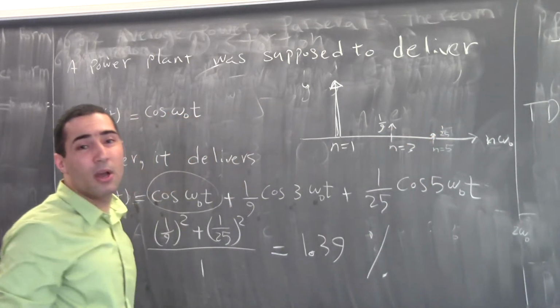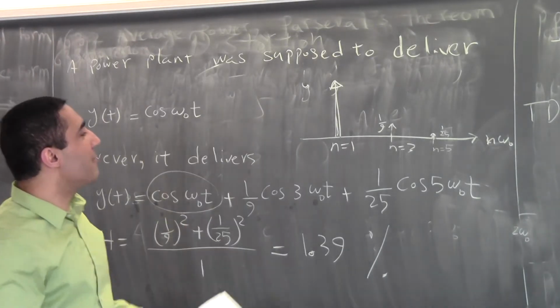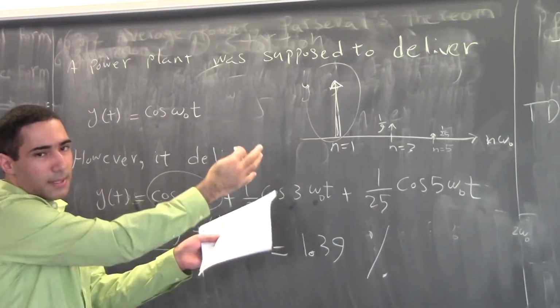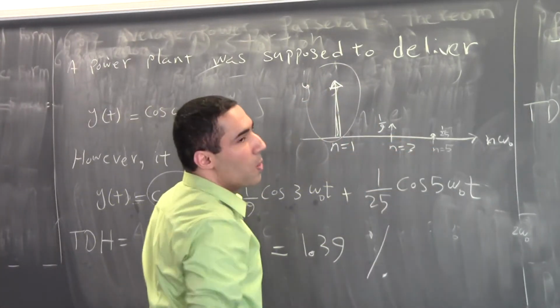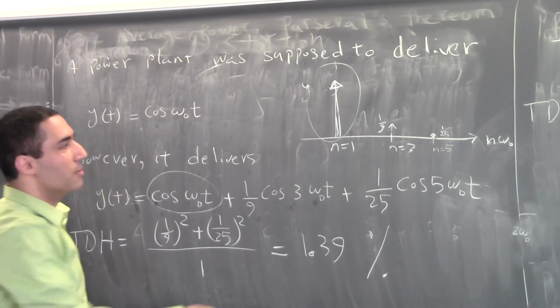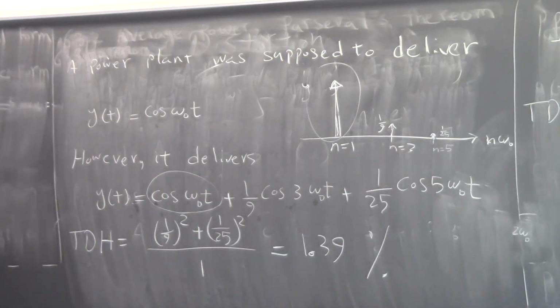These two are unwanted signals. We don't like them because they are stealing from the power. This power plant could have more energy in this component if these two were not generated. So they're stealing from the wanted power, and they are not useful. They are sometimes even harmful.